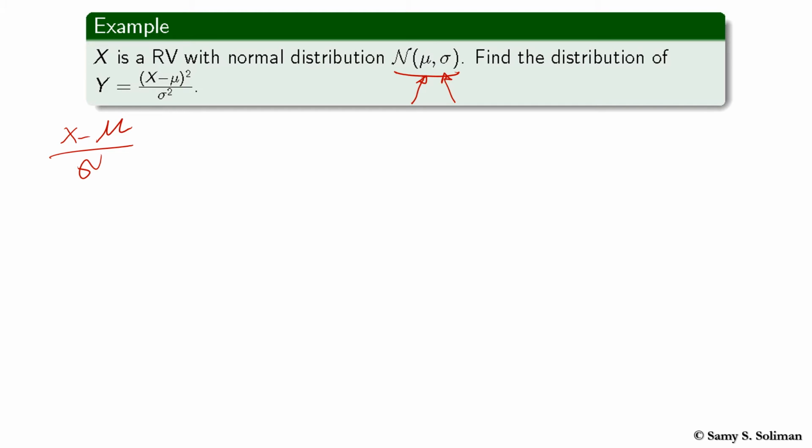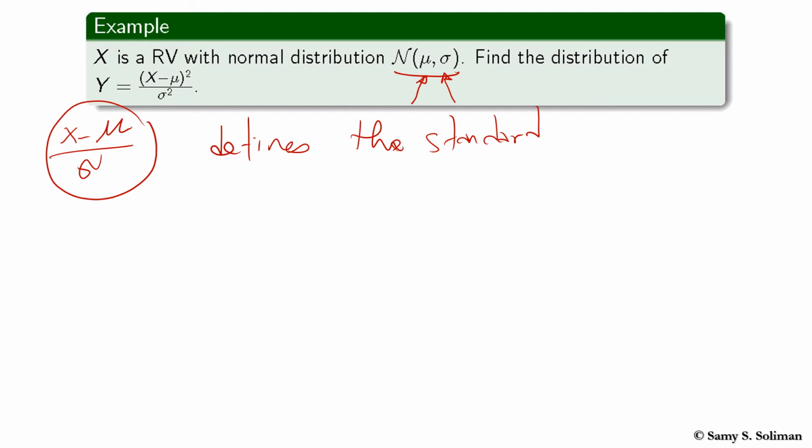for which x is a normal random variable with mean mu and variance sigma squared, this term defines the standard normal random variable. So that's a random variable with normal or Gaussian distribution whose mean is equal to 0 and variance is equal to 1.